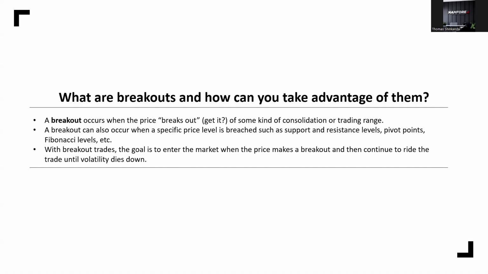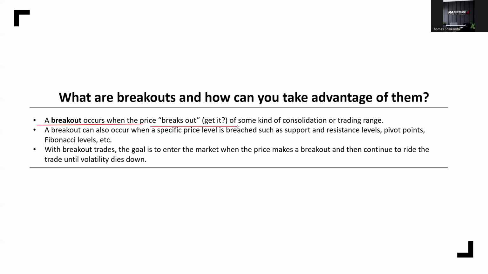Okay, good. Now, we are done with chart patterns. We move to what is known as breakouts. What is a breakout? We look at the definition. A breakout occurs when the price breaks out. You get it?